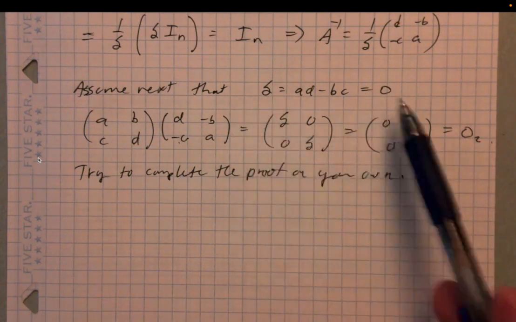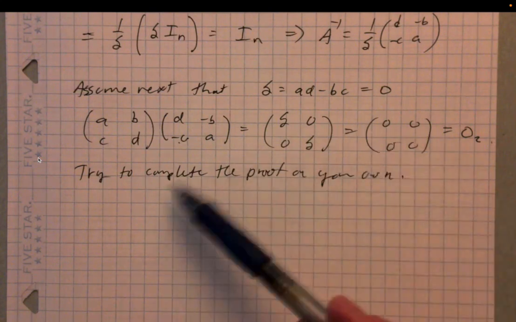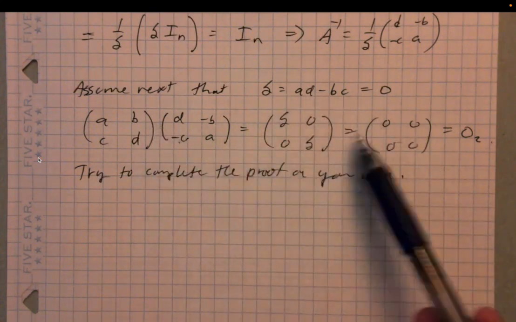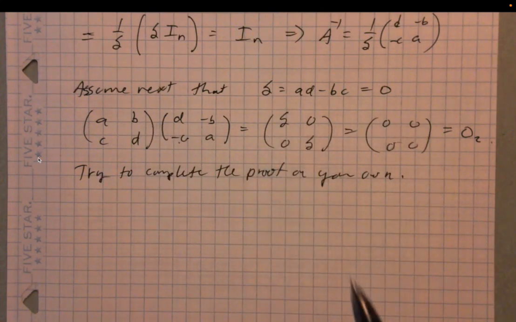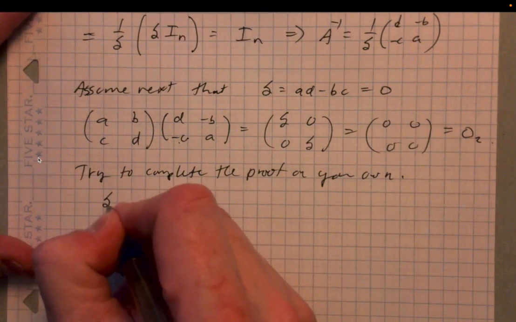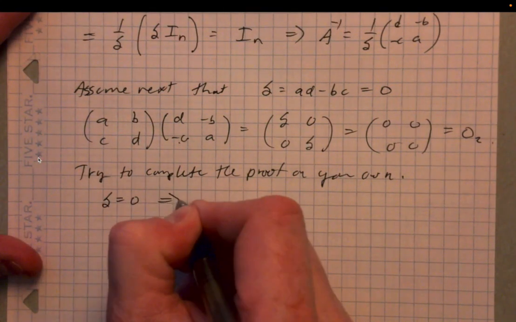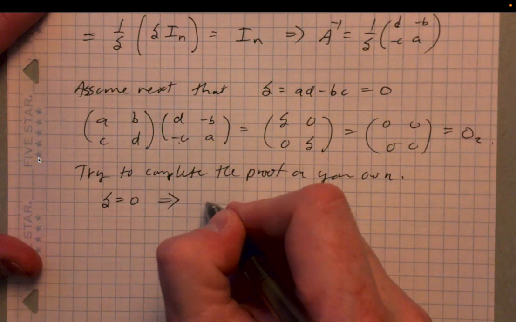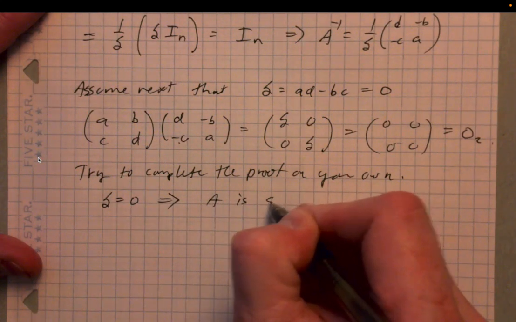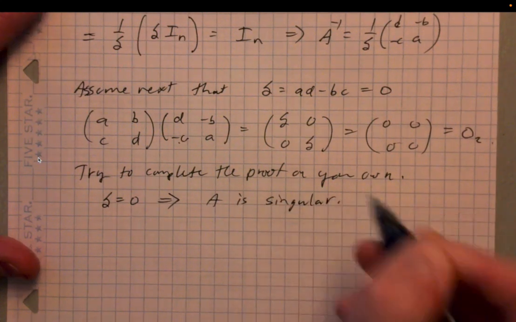But is that enough to show that? I mean, that doesn't necessarily imply that an inverse doesn't exist, right? So what you need to show is that if delta equals 0, that implies that A is singular, right? So you have to.